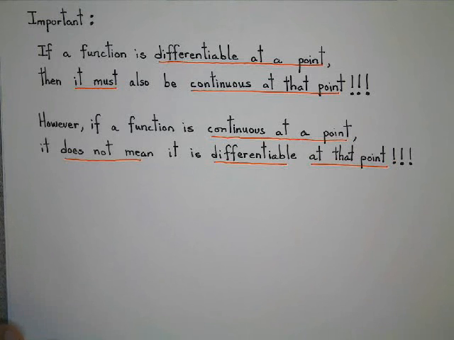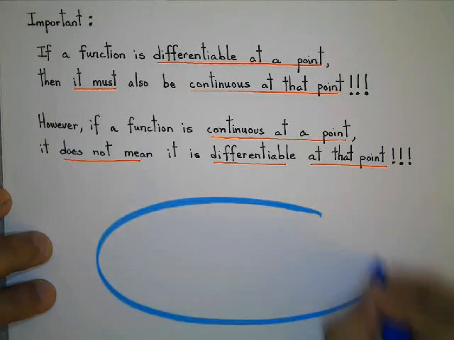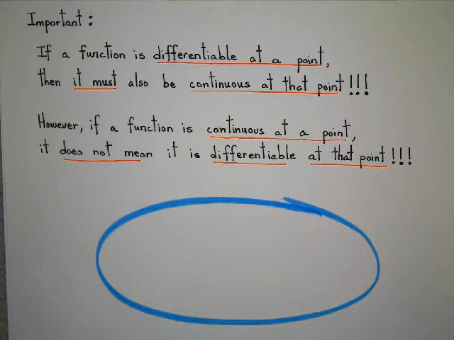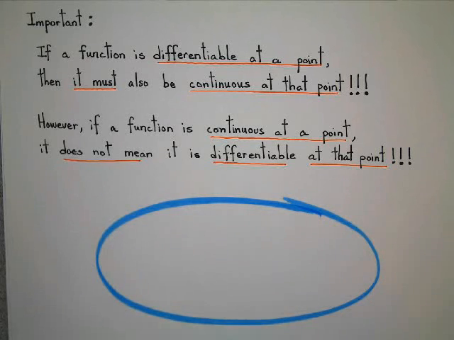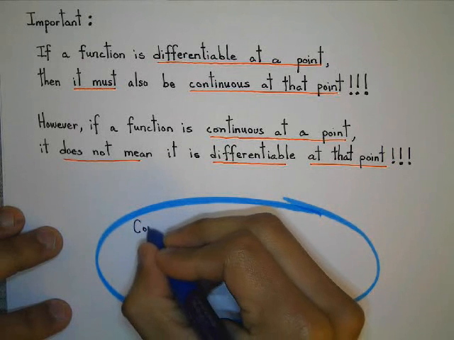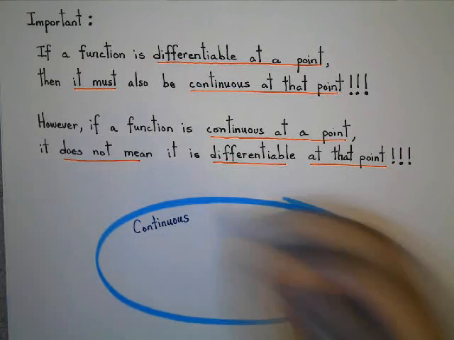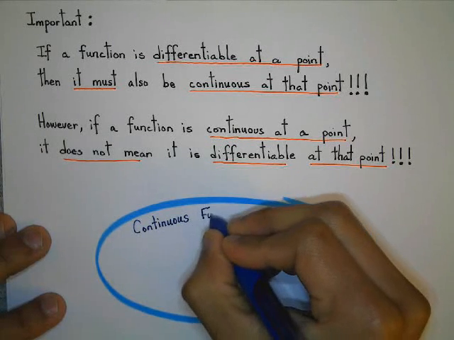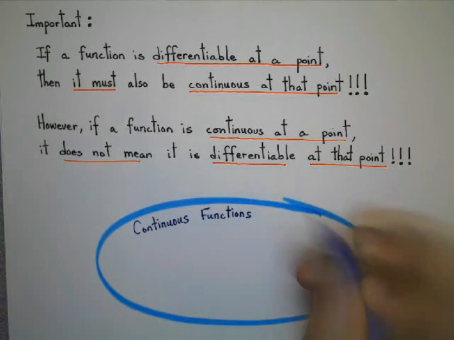This could be a little confusing at times, but one way to think about it is with a kind of picture that I've seen drawn before. Imagine we have a set of functions. This is all the functions that you can possibly think of that are continuous. Maybe you know a few, maybe you don't know them all, that's fine.